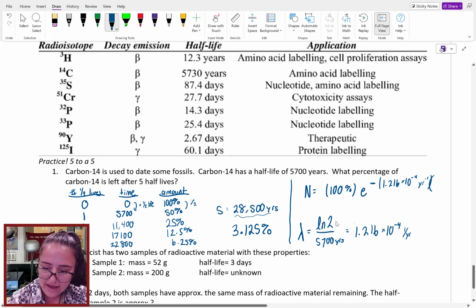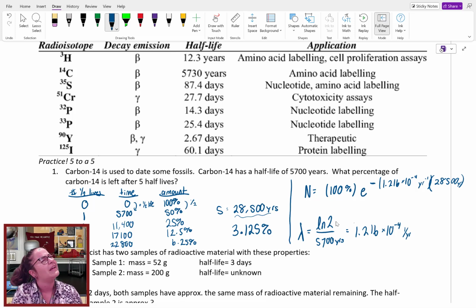We already calculated that over here. That is 28,500 years. So we plug that into the calculator, and don't forget the negative sign, otherwise you'll get a really funky answer and you'll be like, that doesn't seem right. So we have 1.216 times 10 to the negative 4 times 28,500.